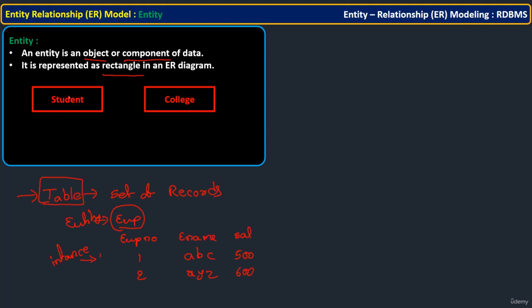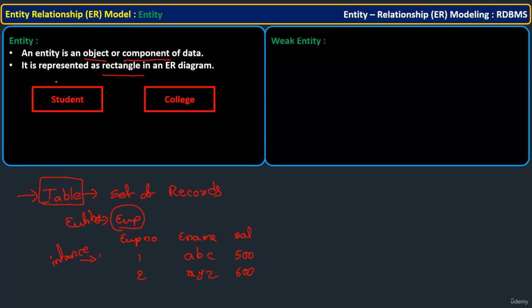Okay. Now from this, we have another definition, that is weak entity. As we've seen already different keys in the previous lectures, that is primary key, candidate key. So when does an entity become a weak entity?